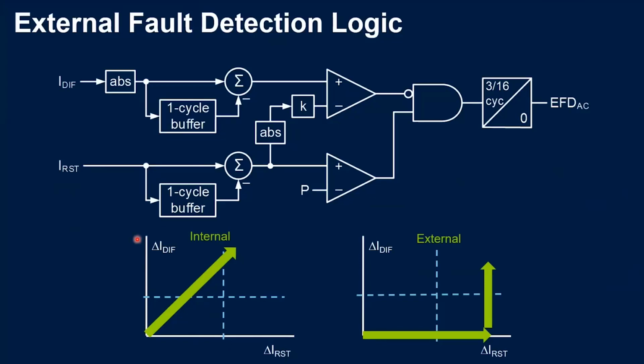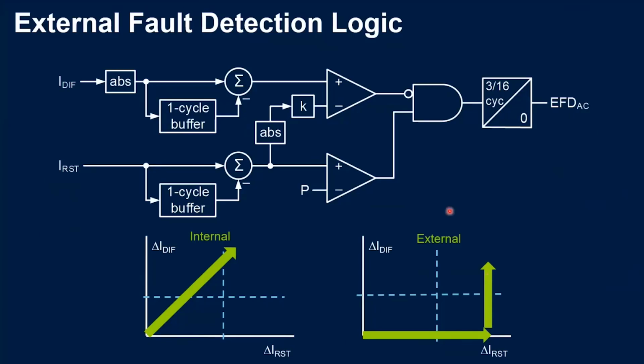Okay, but additionally, if we have a CT saturation, first we will see an increase in the restraint current, and then after some time, we will have an increase in the differential current. And this differential current is due to the CT saturation. In the next slide, we're going to see this in a more graphical way to understand it.